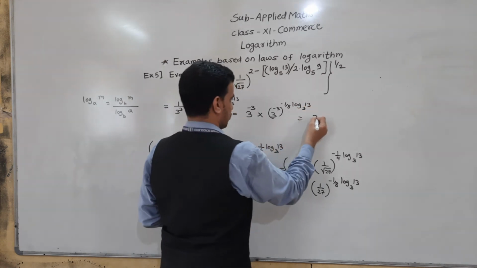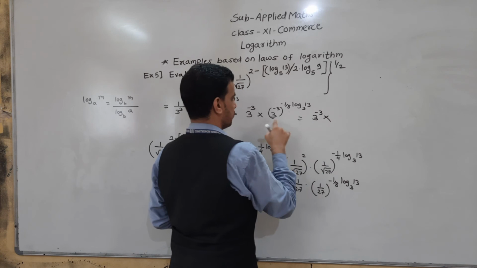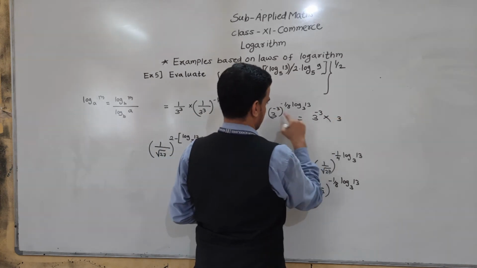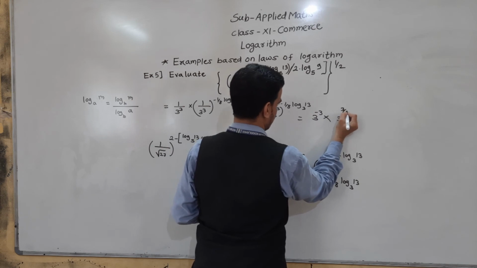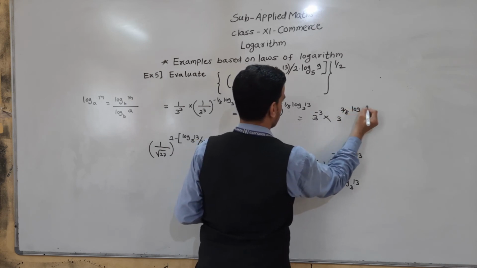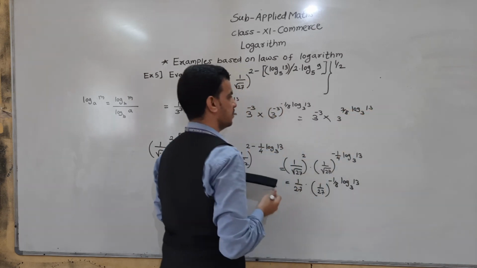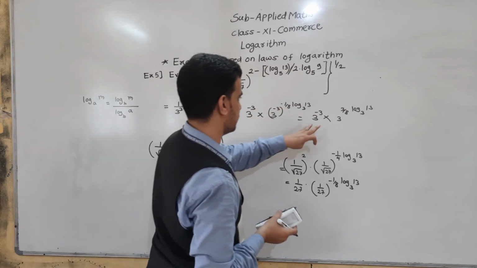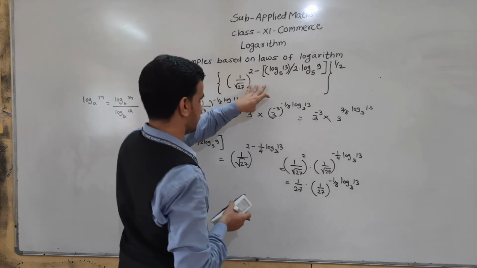So 3 raised to minus 3 into minus 1 by 8 is plus 3 by 8, so 3 raised to 3 by 8 log 13 to the base 3. This is the simplification of this term.